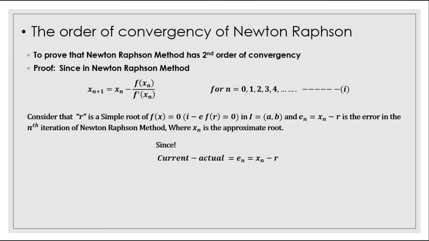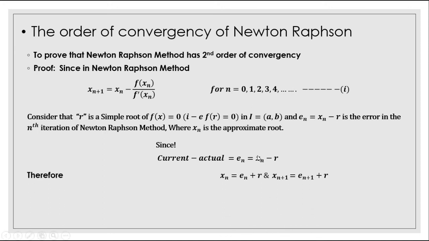So the current approximate root minus the exact value gives us the error. At the nth iteration, we have an approximation to the root minus the actual value, which gives us the error.